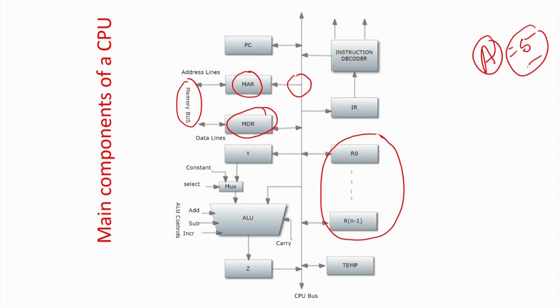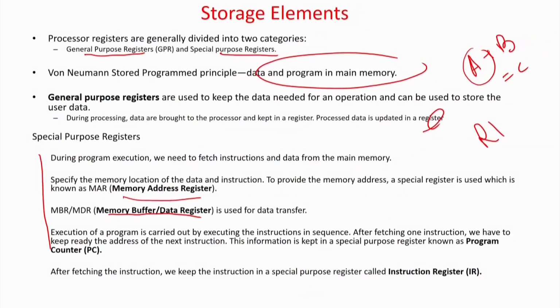It will dump the value of A in the memory data register. The memory data register will temporarily hold the value of 5, then via the system bus it will be given to R1 or any general purpose register. So this MDR is a special purpose register to temporarily store the value of the memory location that has been read.